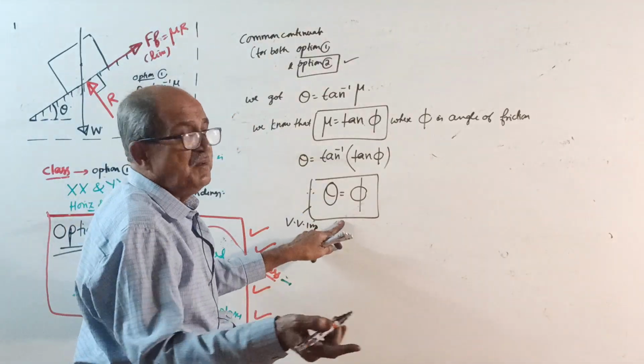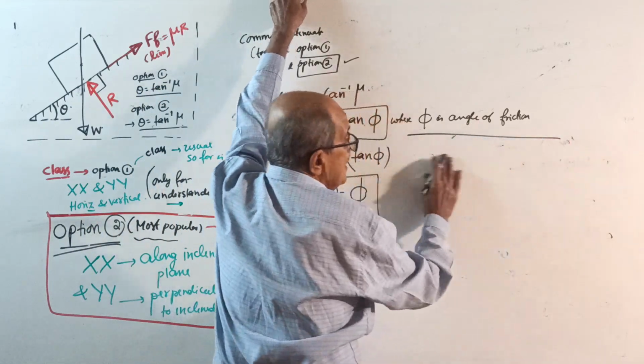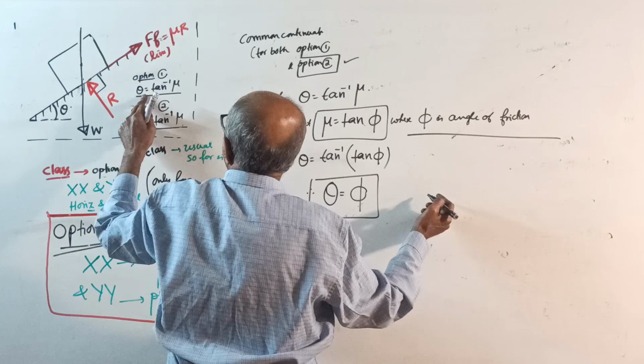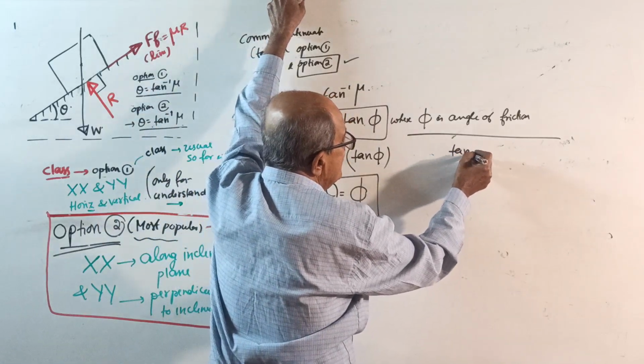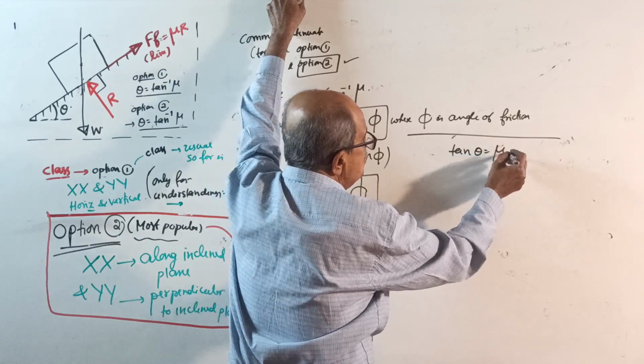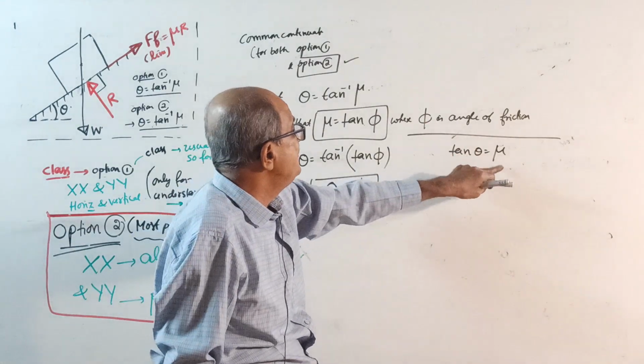You can do some other way. If people get confusion, you do one thing. Earlier we got tan theta equal to mu. Don't put inverse. Earlier from the solution we got tan theta equals mu, by analysis.